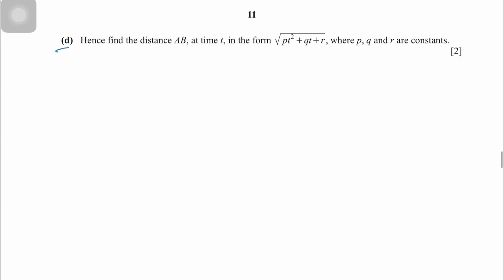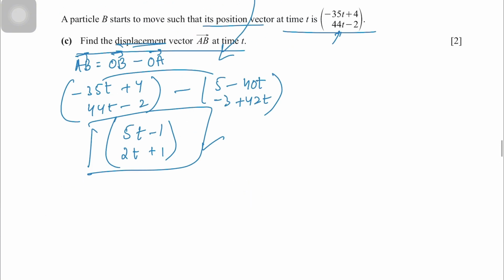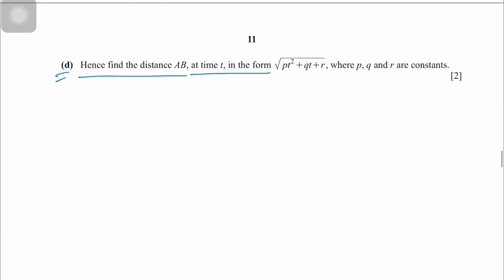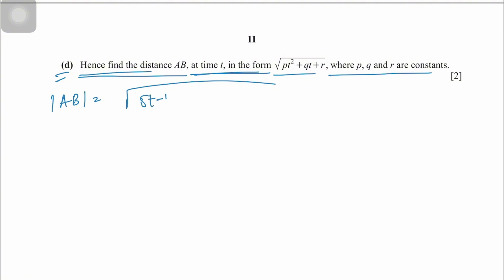Now moving on to part D, here we need to find the distance at time t. It was simply given as displacement vector, I'm sorry. Now hence find the distance AB at time t in this form, where P, Q, R are constants. So we need the distance. For distance we need to calculate the magnitude. I'll be quickly solving it since we have solved it previously.